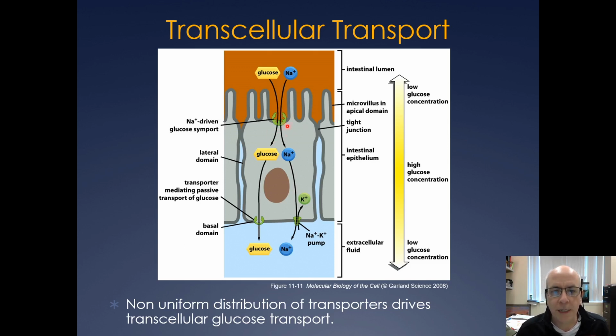This transporter needs to be on the apical surface, and this transporter needs to be on the basolateral surface. We talked about how certain proteins are destined to certain regions of the cell, and this is a good example of two that need to be separated, because if they weren't transported to the right location, this process couldn't occur.